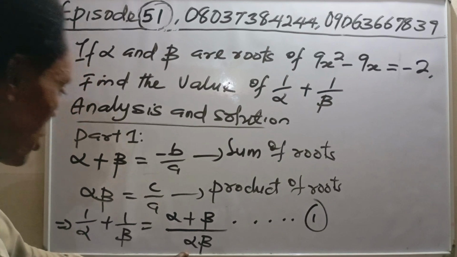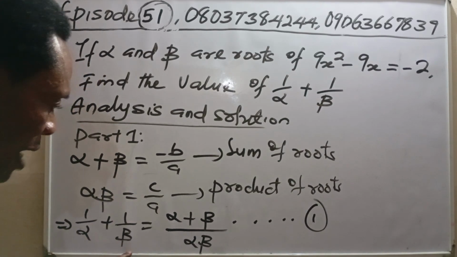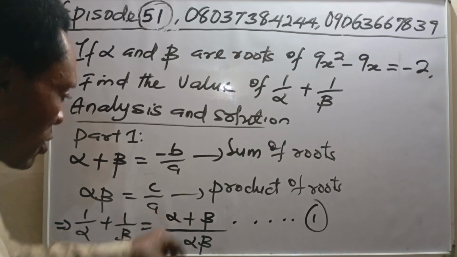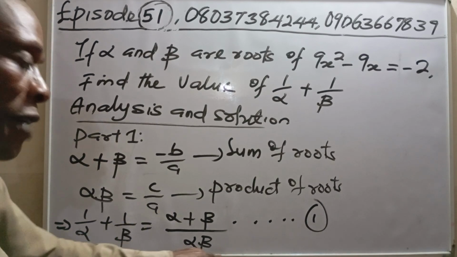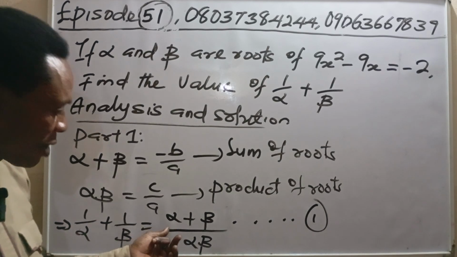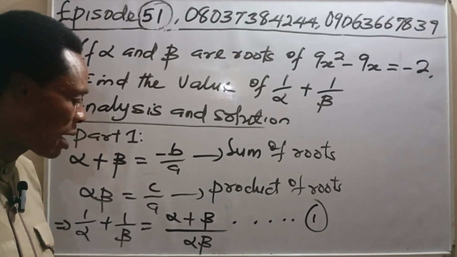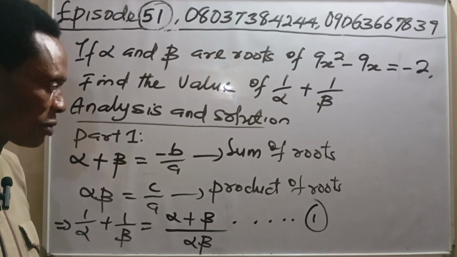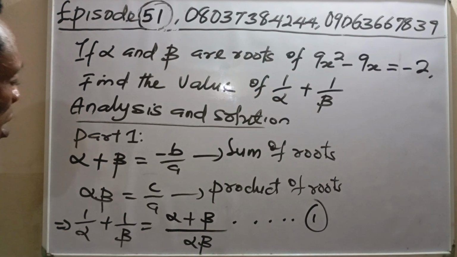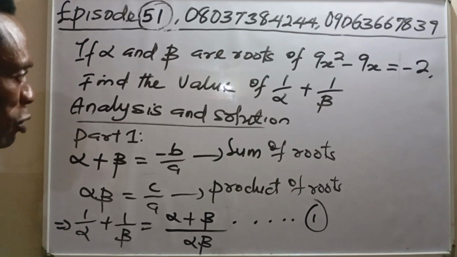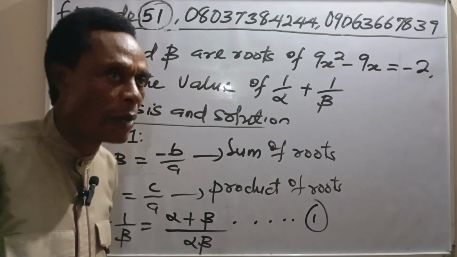Beta into alpha beta will give you alpha, alpha times 1 gives alpha, plus alpha into alpha beta gives beta, beta times 1 is beta. So you now have alpha plus beta all over alpha beta, that is sum of roots all over product of roots. I think I will start with part 2. This is part 1. We start with part 2 to resolve this problem. So that is just it.